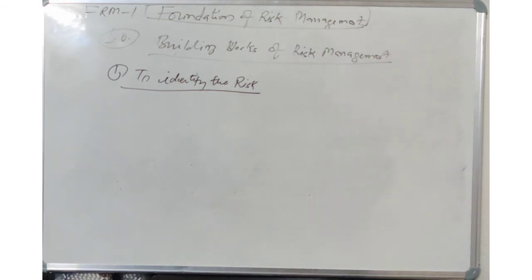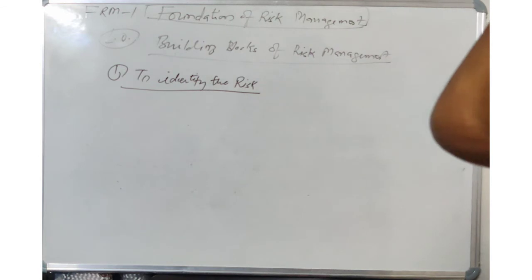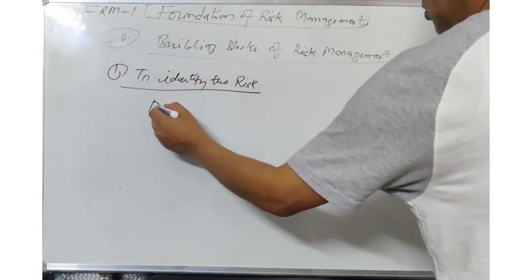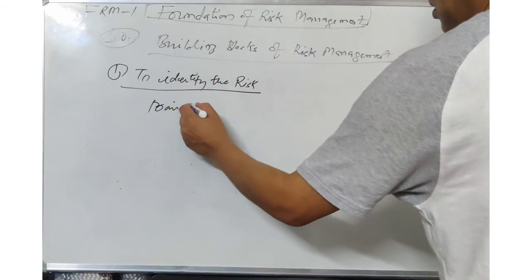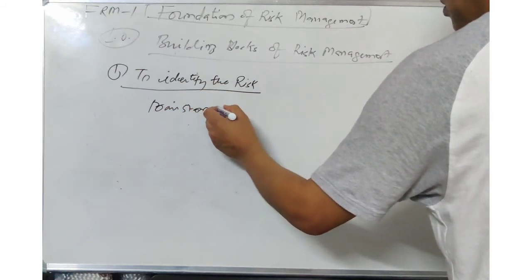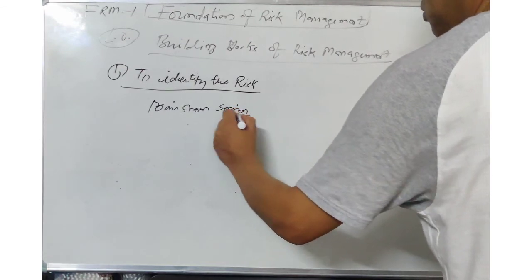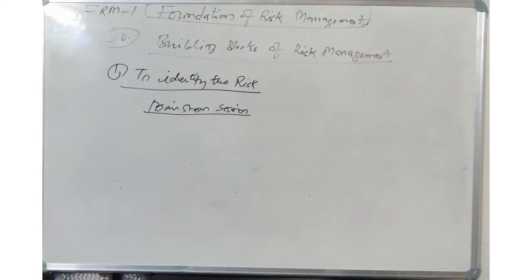In the risk identification process, we have to filter the risk into degrees of known and unknown, because unless and until we know which are the known risks and which are unknown risks, we cannot have a proper risk framework required to mitigate the unknown risk. This unknown risk can again be subdivided into two categories.